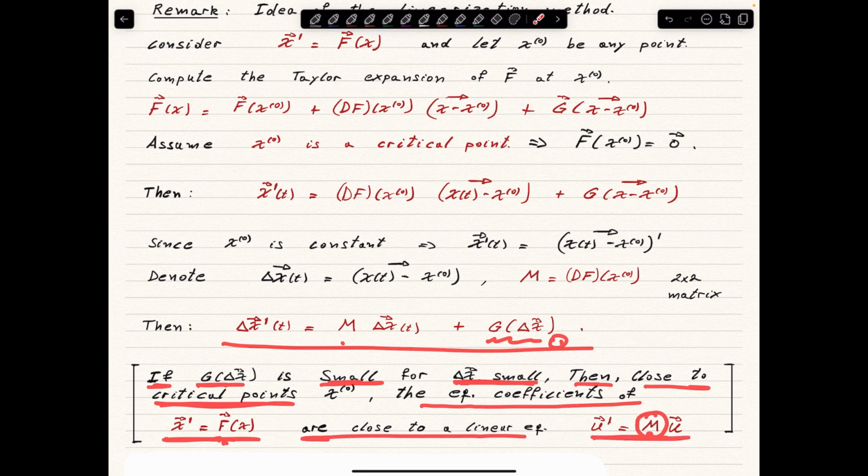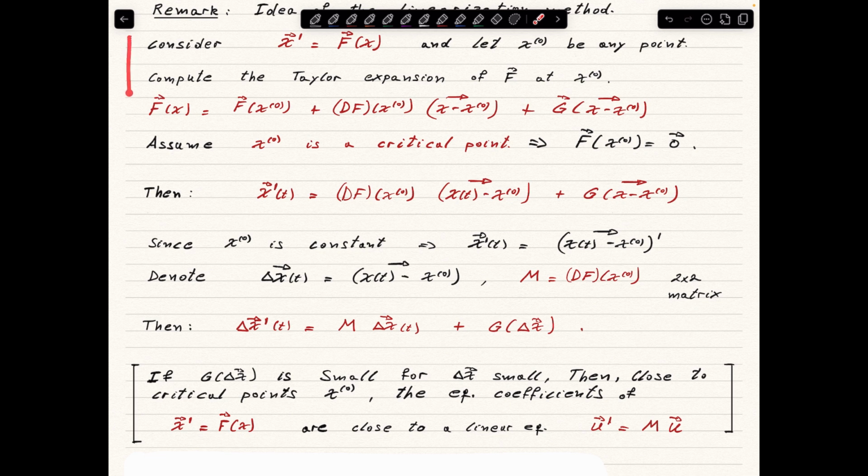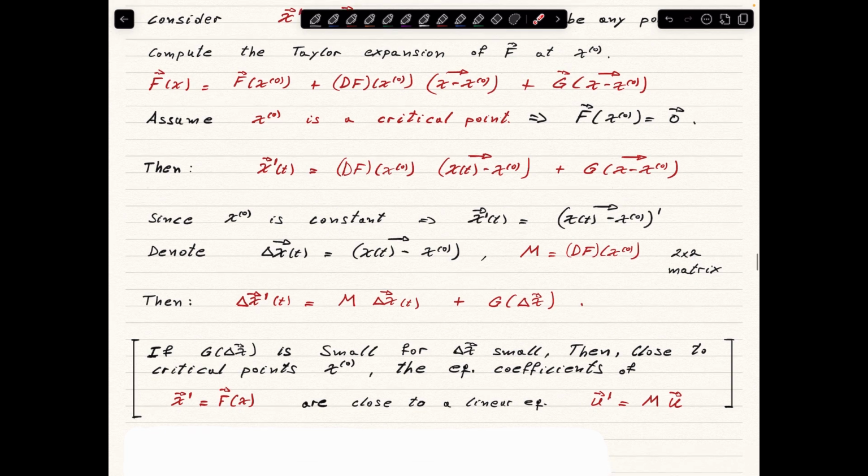This matrix, recall, has the derivatives of the field. So what we are saying with this little analysis is that the nonlinear equation behaves like a linear equation when the solution is close to an equilibrium solution.